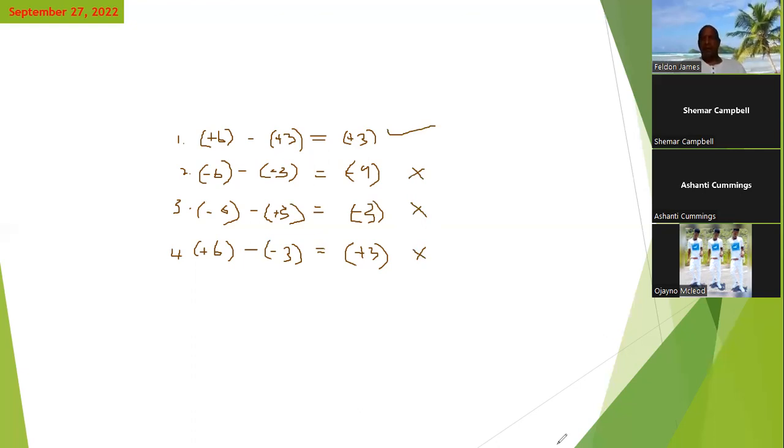Now, can anybody figure out why these answers are wrong? Yes, sir. It's the same thing I was trying to clarify with you, because I know when we have a bracket and there's a sign, there's an imaginary 1 there. So -1 times a -3 would have given us a +3.